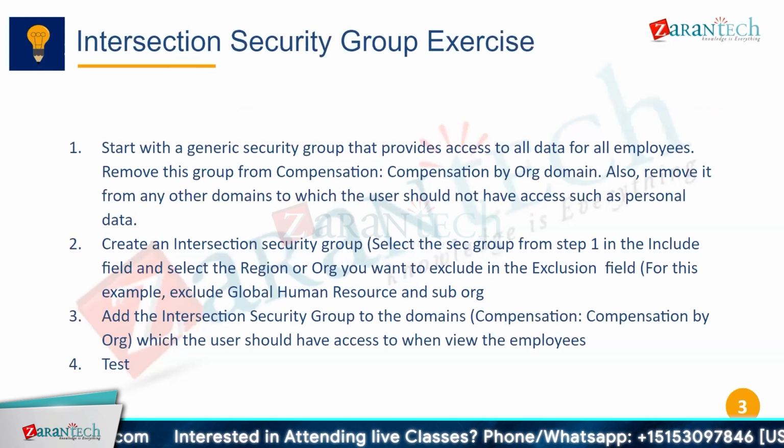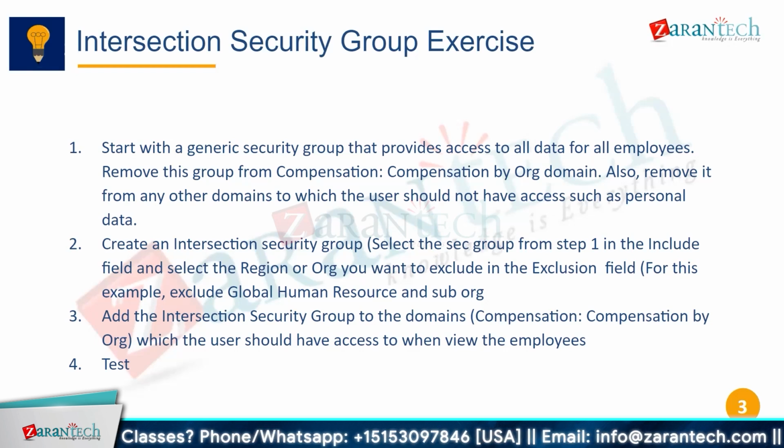So we start with a generic security group, say HR partner by location, made a copy of it, which has all the data for employees. Then it required us to remove this group from compensation by org domain and also remove it from any other domains which the user should not have access to, such as personal data. Save this group, then proceed to create an intersection security group.